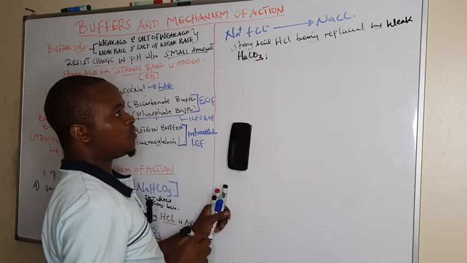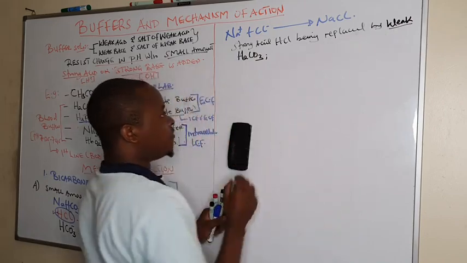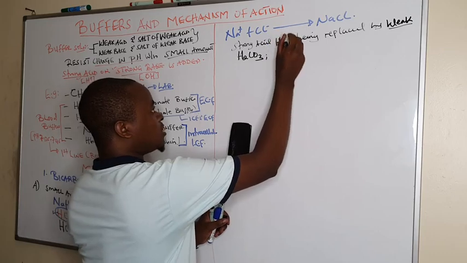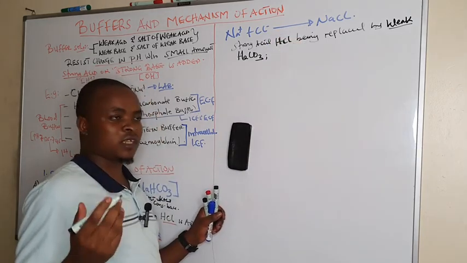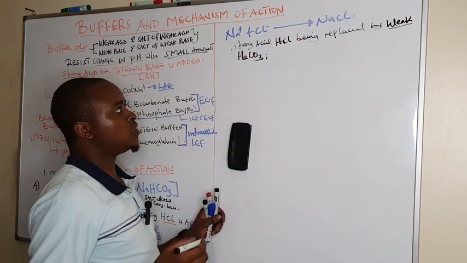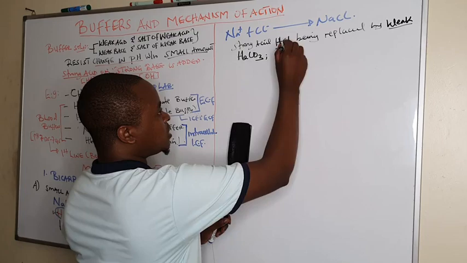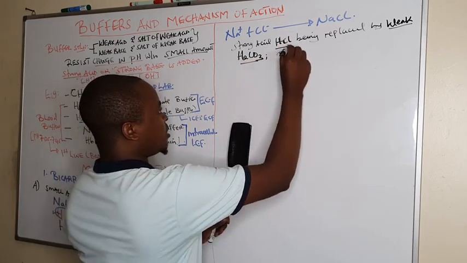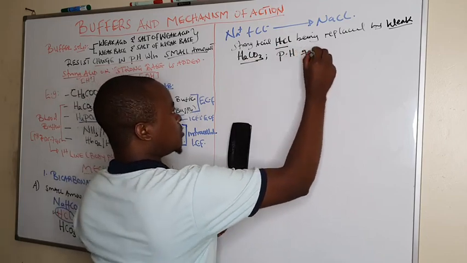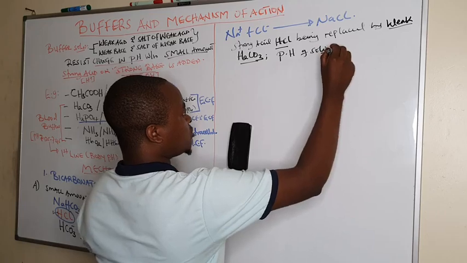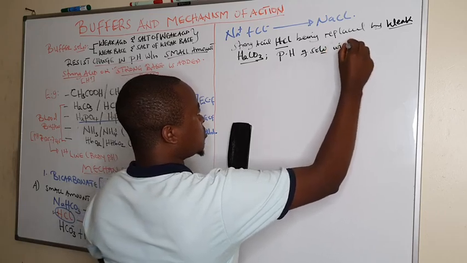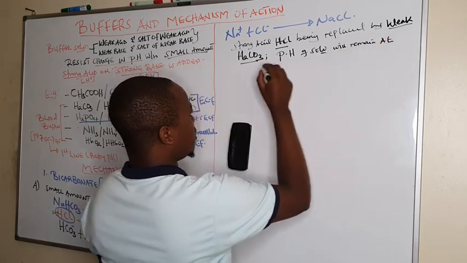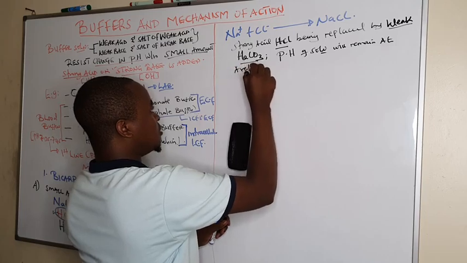Weak acids do not affect pH so much. Only strong acids like hydrochloric acid and sulfuric acid affect the pH. So after replacing a strong acid with a weak acid, carbonic acid, the pH of the solution will remain relatively constant.